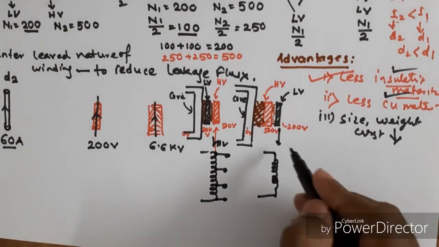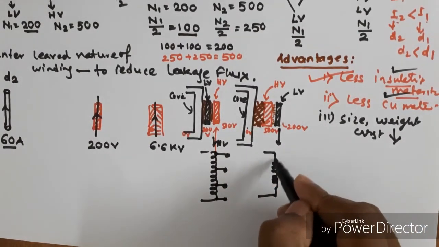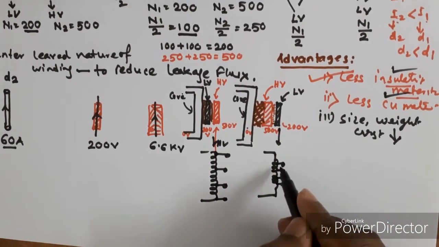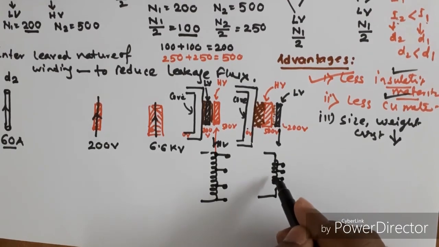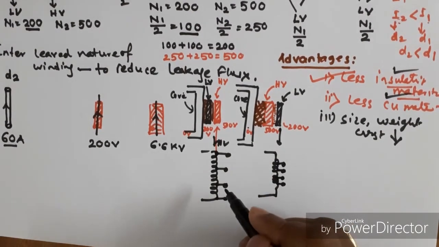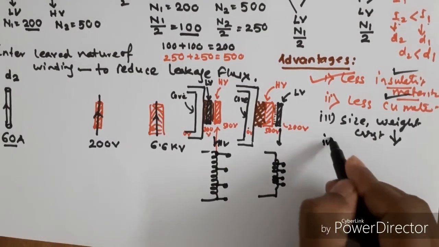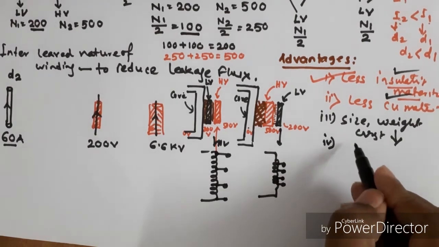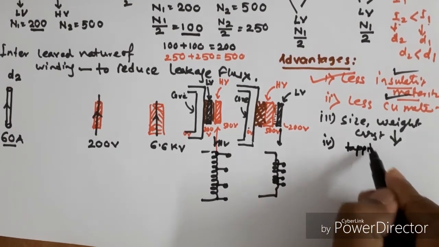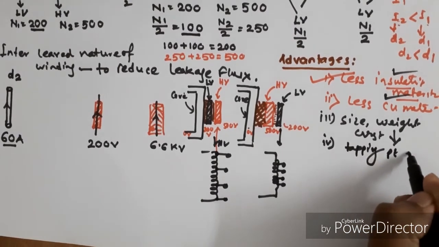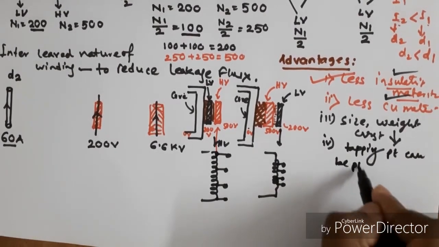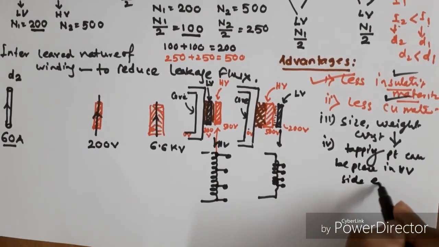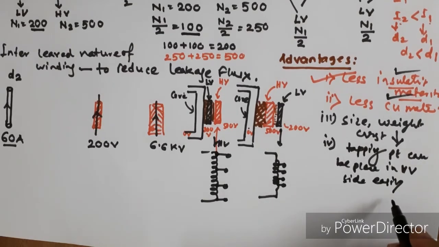But if we place the low voltage winding outside, we cannot provide tapping very easily. The tapping points would be very near to each other, yet there must be a difference between the tapping points. So the next point is that tapping points can be easily placed on the high voltage side, if it is outside.